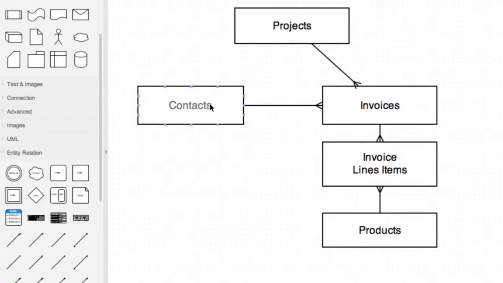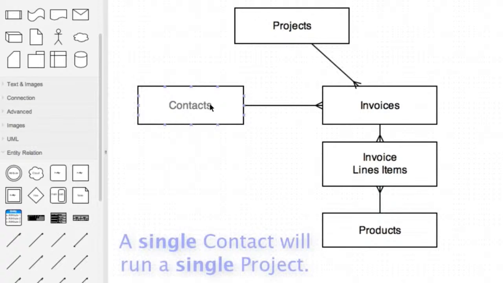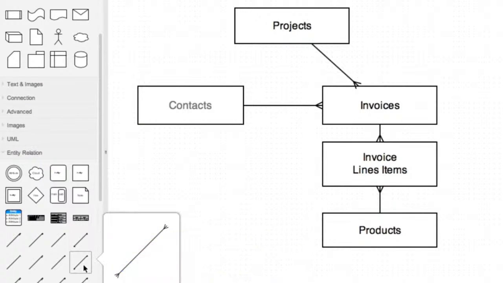Makes sense? In fact, let's say for the purposes of our discussion here that a single contact will run a single project. Okay, that makes sense. But the contact might have more than one project, so it's a one-to-many again, certainly. So we're going to have to drag this out one more time. I'm going to drag this end up here.